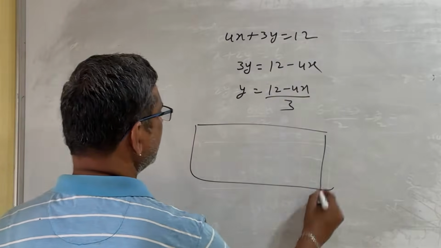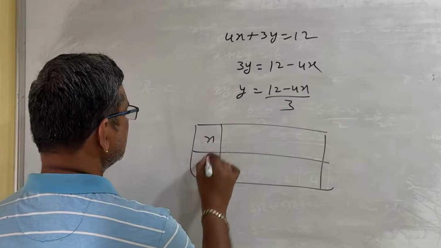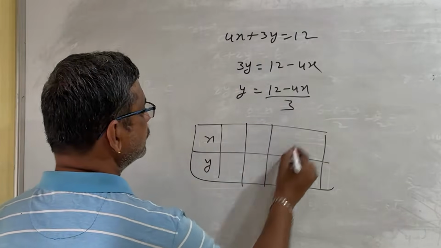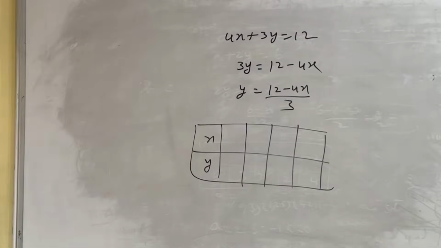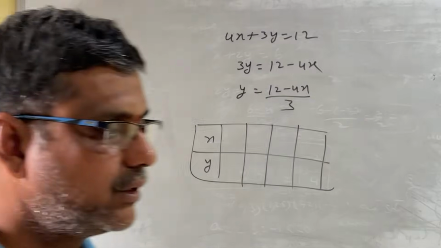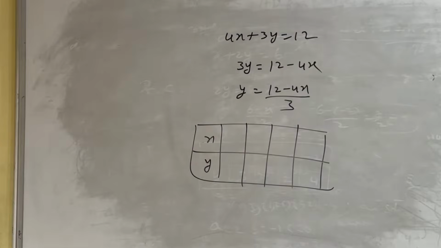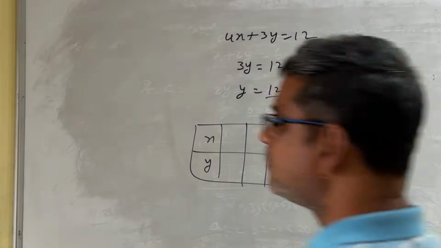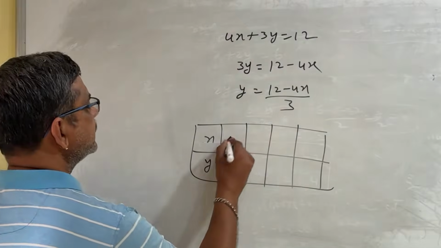Now give different values for x. You will get different values for y. What will we keep in the place of x? First keep 0 in the place of x.